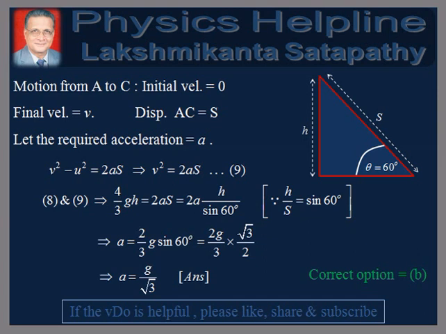Now let us consider the linear motion of the center of the disk from A to C. For this, initial velocity is equal to 0, final velocity is equal to v, displacement AC is equal to s, and let the required acceleration be a.